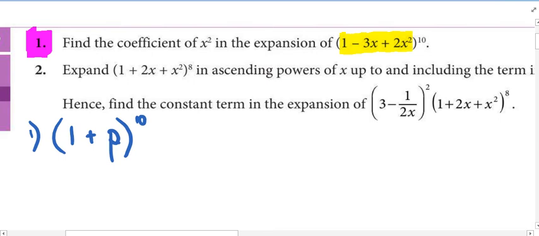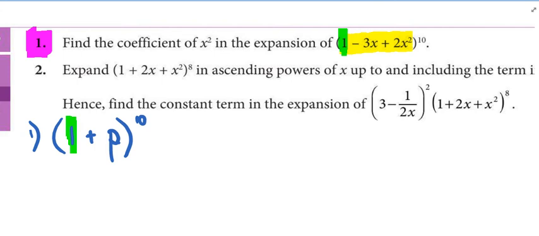Right? Why do I do that? Do you notice the 1 and the number 1 in highlighted is the same? Alright? This number 1 and this number 1 is the same. The only thing that is different is the negative 3x plus 2x squared has now become P. Agree? So that's all.